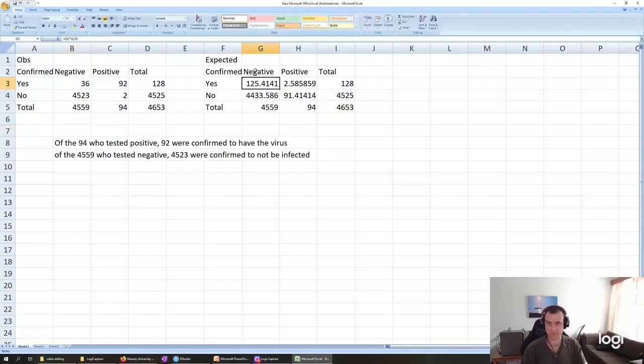If this is a joint probability, assuming these two things are independent, what is the probability of a person testing negative and having the virus at the same time? Well, for a joint probability, we take the cell divided by the grand total.